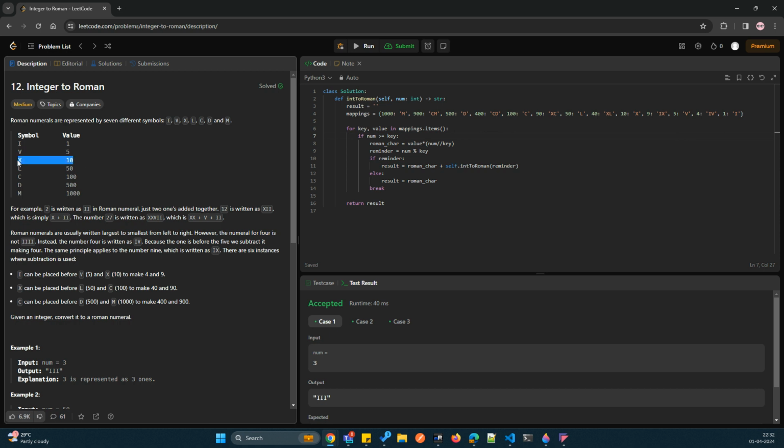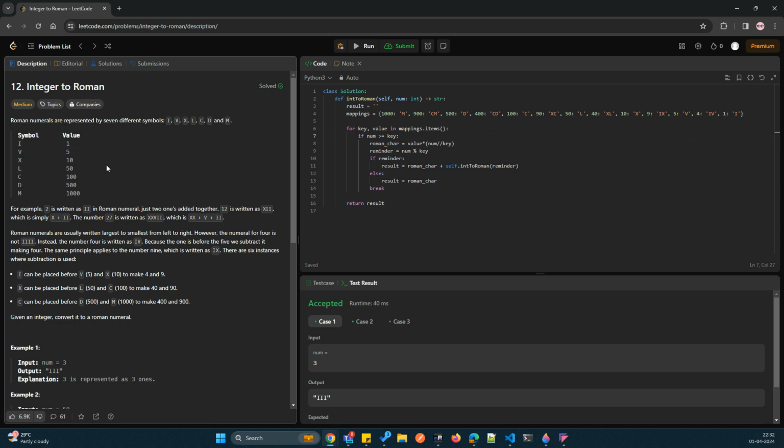To represent 36, we'll have XXX, and that will give us 30. And we'll still remain with the 6. So 6 can be represented using 5 plus 1, so XXXVI. This is how we need to represent it, correct?